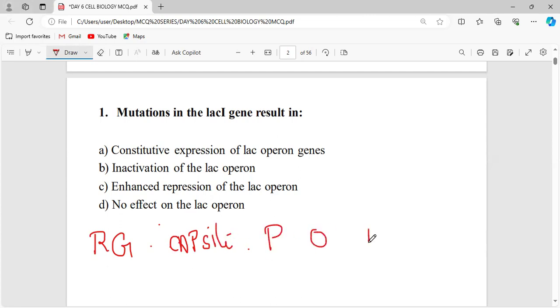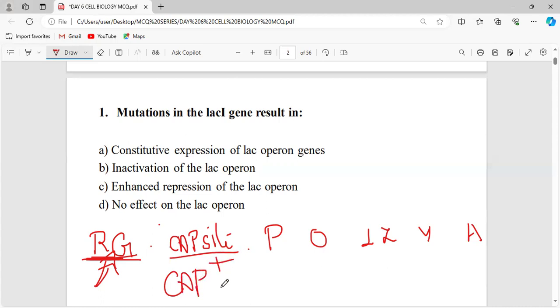And here will be the operator region. And here will be lac Z, lac Y, and lac A. Okay. Regulatory gene, just make a note of it. In the promoter region, RNA polymerase will come and bind here. Okay, in the CAP site, a CAP molecule will bind.